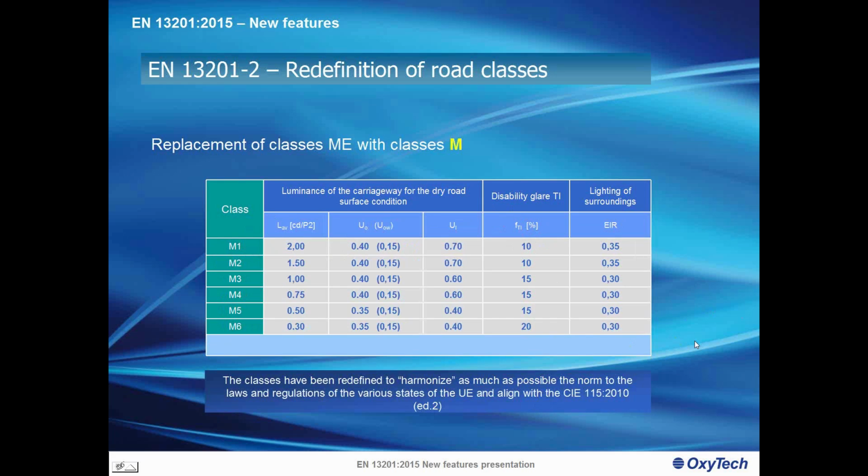Another big change that was introduced is related to the surrounding ratio. Now there is no more the surrounding ratio, which was replaced by the EIR, which is the edge illuminance ratio, a new parameter that was introduced in order to give a better idea of how the surrounding areas, the adjacent areas, are lighted in function of the carriageway lighting.